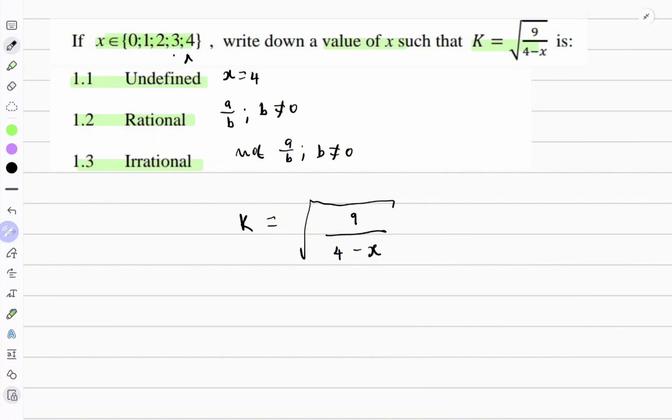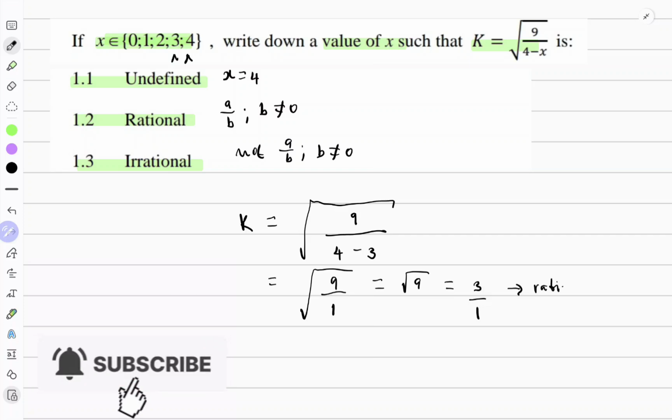Let's see what happens when x is equal to 3. So if you substitute 3 in the place of x, you get the square root of 9 over 1, which is equal to the square root of 9, and the square root of 9 is 3, and 3 can be written as 3 over 1, and this here is a rational number.